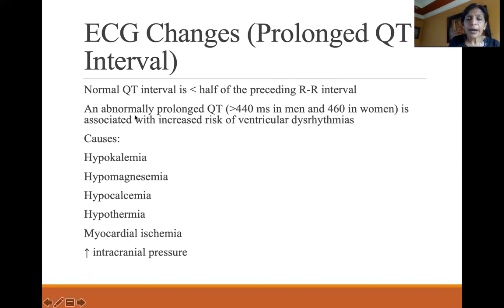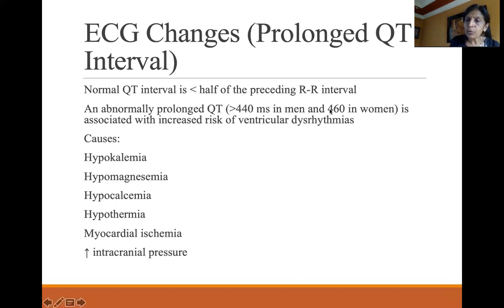And now if you have normal QT interval that is less than one ECG, that would be less than 400 milliseconds. But here, in an abnormally long QT, it would be greater than 440 milliseconds. That's in men, and 460 milliseconds in women.